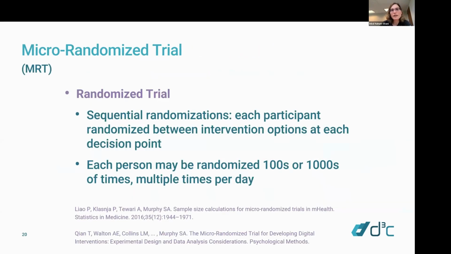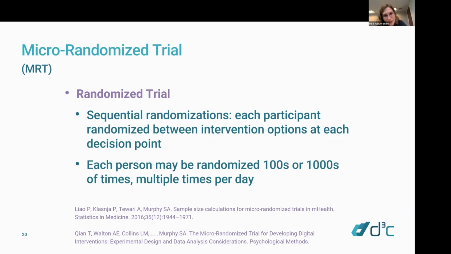This is why we have the micro-randomized trial, the MRT. Developed by Susan Murphy and colleagues, the MRT, just like the SMART, is a randomized trial that includes sequential randomizations. Remember, sequential randomizations means that the same person can get randomized multiple times in the course of the trial.